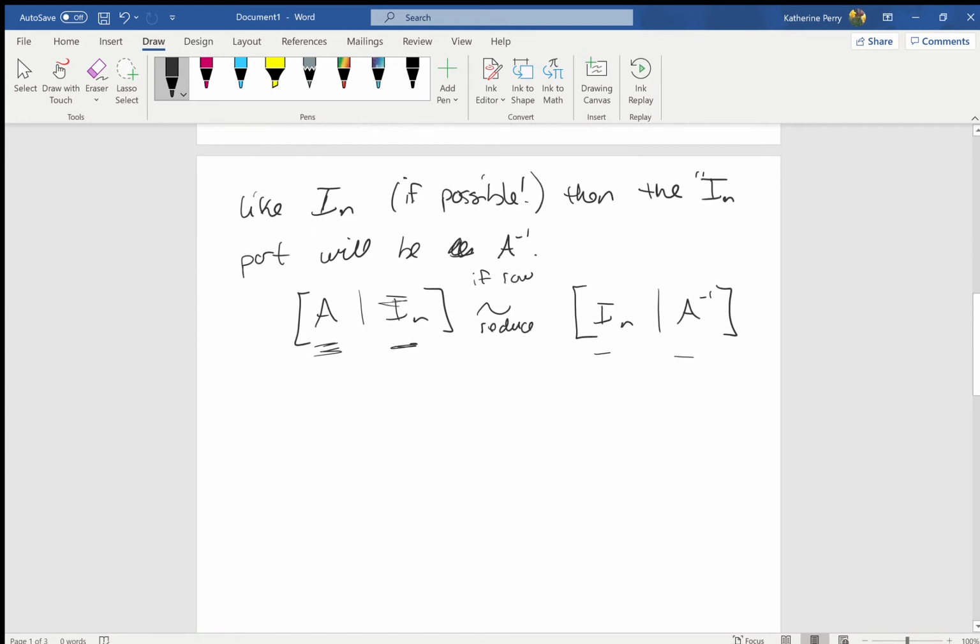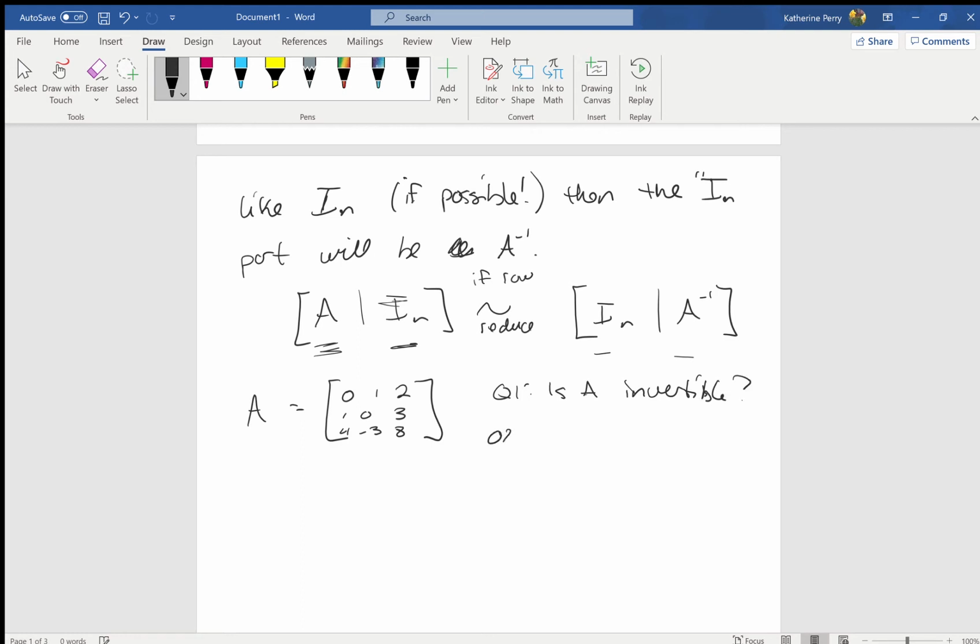I want to look at an example. Let's say our matrix A is the following: 0, 1, 2, 1, 0, 3, 4, -3, 8. And I want to know the following. Question 1, is A invertible?